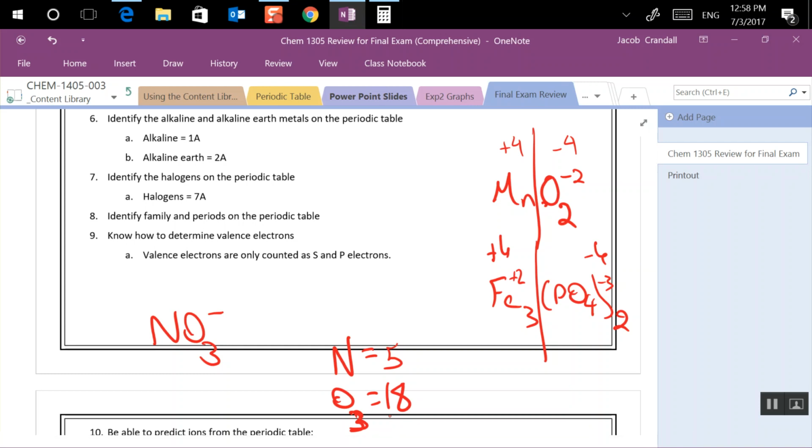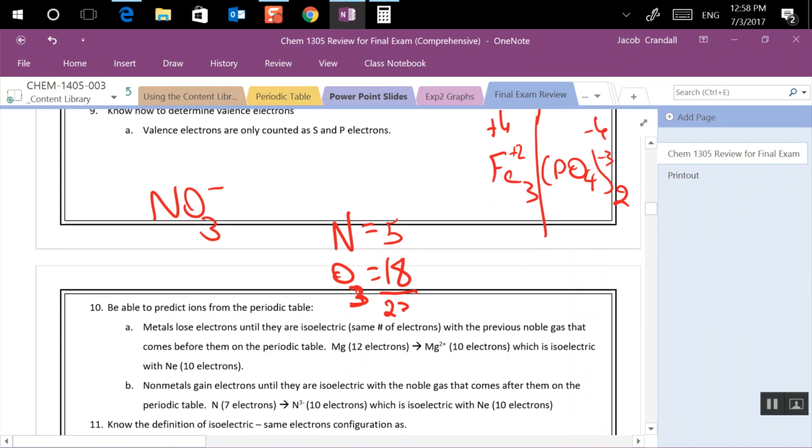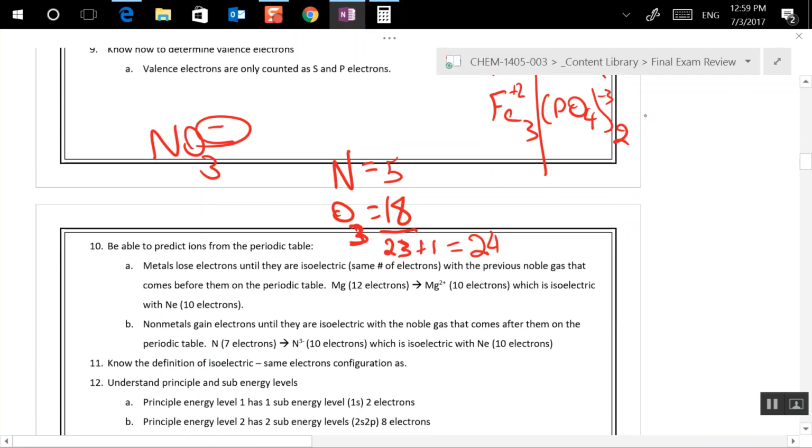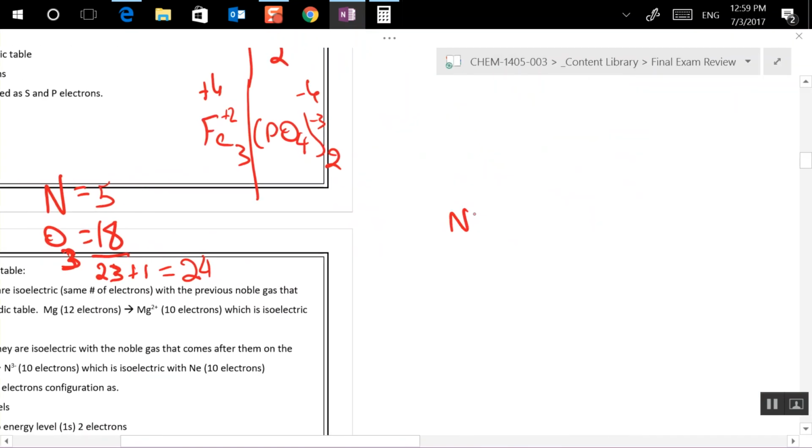Okay, 18 plus 5? 23, right? Plus 1 more, because we have a negative charge. That means I have 24 valence electrons, right? So nitrogen in the middle, surrounded by 3 oxygens. How do I start? Put the pairs on all the O's.